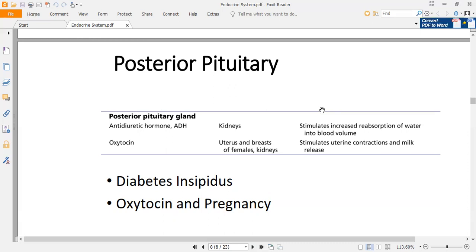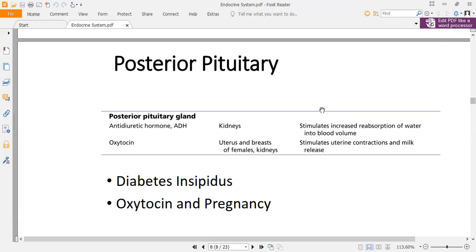It targets the kidneys. In the kidneys, that's where we have reabsorption of water from urine in the collecting tubules. We have aquaporins, which facilitate the absorption of water and stimulate increased reabsorption of water into the blood volume.